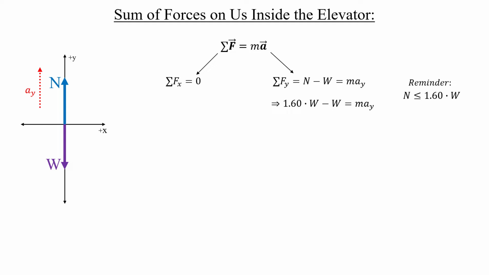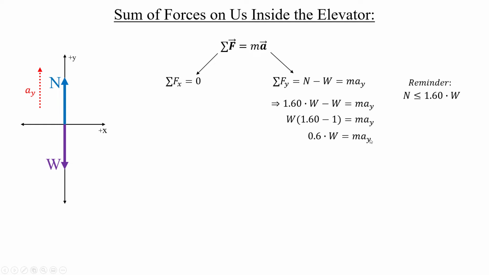The next step would be to factor out our weight, W, from both of these terms on the left here. So as you can see, we're taking our weight times this difference, which is maximized by choosing 1.60. We're still working within the confines of the problem description, but we've chosen the largest value that the normal force could be. If you take this difference, that's very simple: 0.6 times our weight is equal to this.